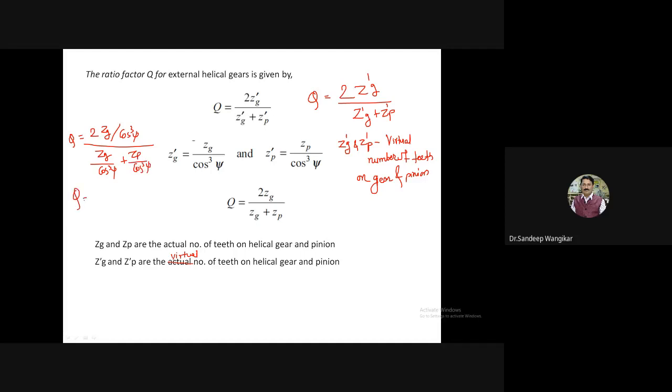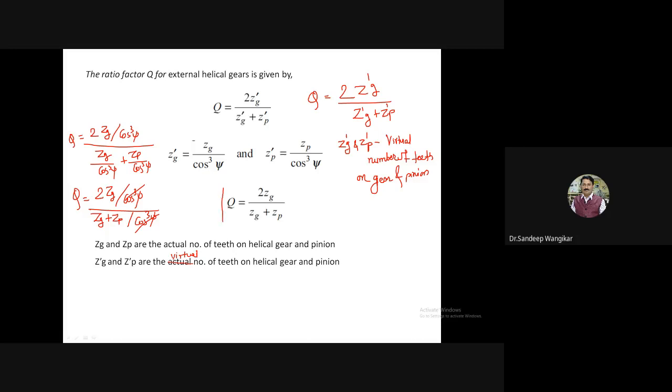If I take this common, it will be twice zg divided by cos cube psi, divided by zg plus zp, as the denominator is the same, divided by cos cube psi. So this cos cube will get cancelled.